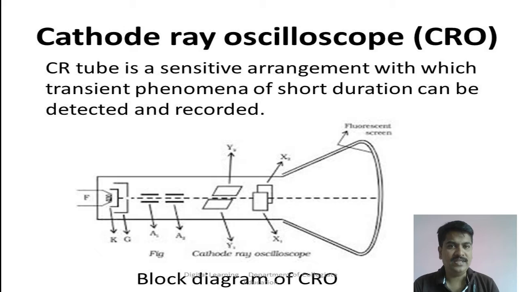The CR tube is a sensitive arrangement with which transient phenomena of short duration can be detected and recorded. Transient phenomena means very small changes which happen in the voltage or current.